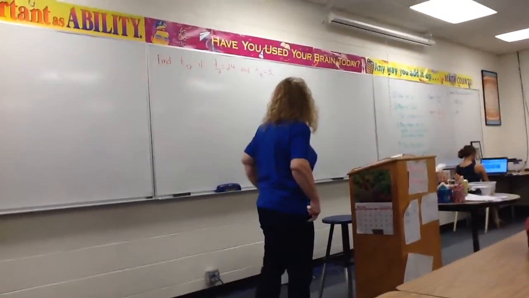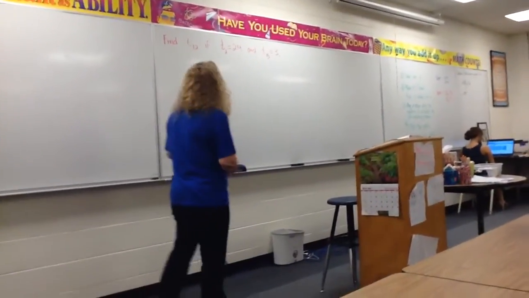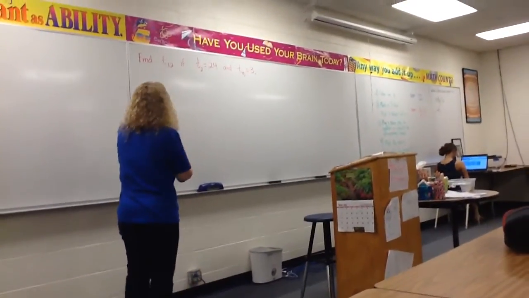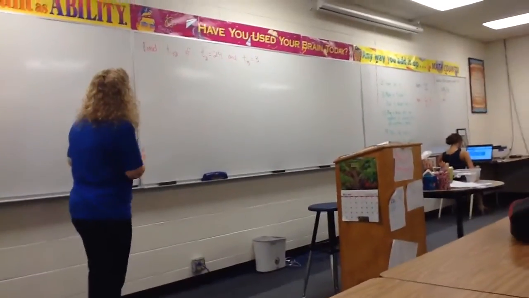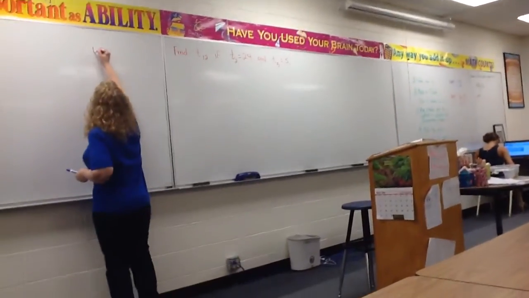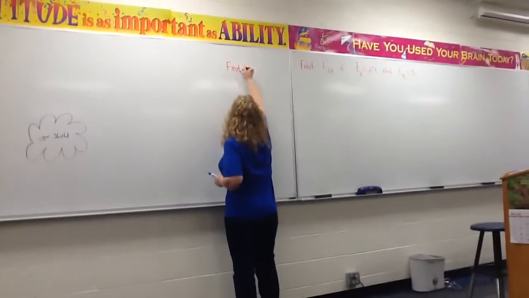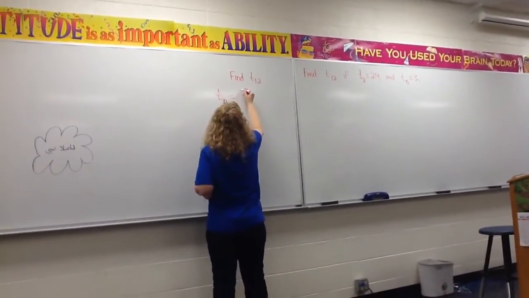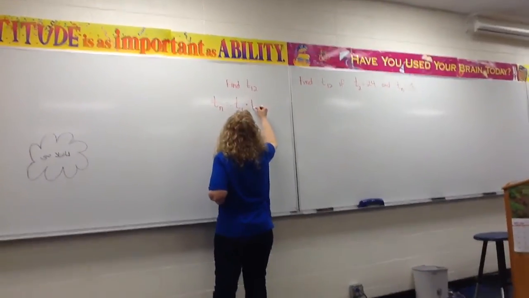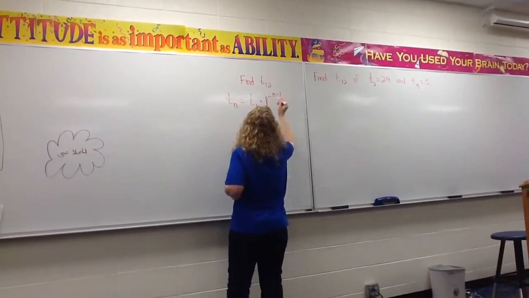Well, most of you. Anyway, so we want to find T12, and I'm going to assume this is a geometric one. So in order to find T12 over here, the formula is this: T1 times the ratio to the n minus 1 power.